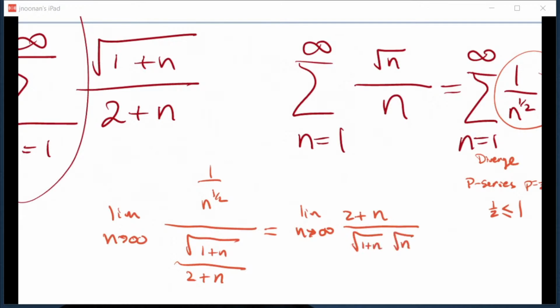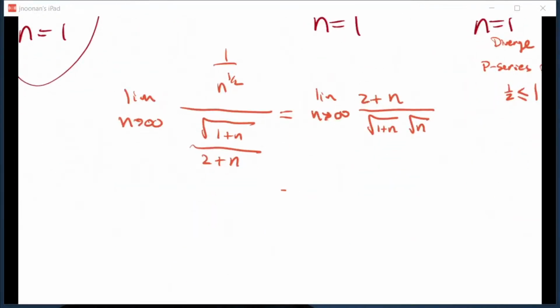Just so you know what I just did, I took this fraction here, flipped it, and multiplied. So it's just some algebra. And then I'm going to simplify some things here. This is the limit as n approaches infinity. I know you all can do this, but let's just do it for fun here.